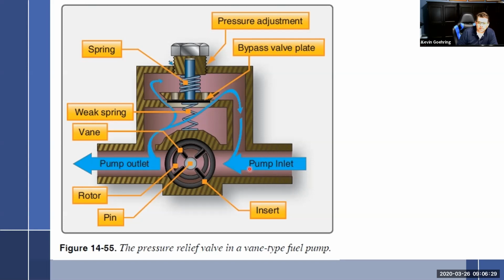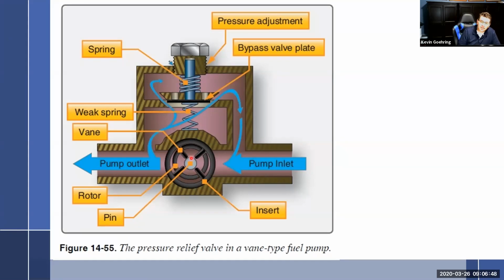Well, that's what this one's doing. So here we've got the bypass valve plate is closed. So that should tell you one thing, and that is that the pressure of this pump is now higher than the boost pump pressure. All right, maybe the boost pressure's off. Well, that still means this is higher than the boost pressure.